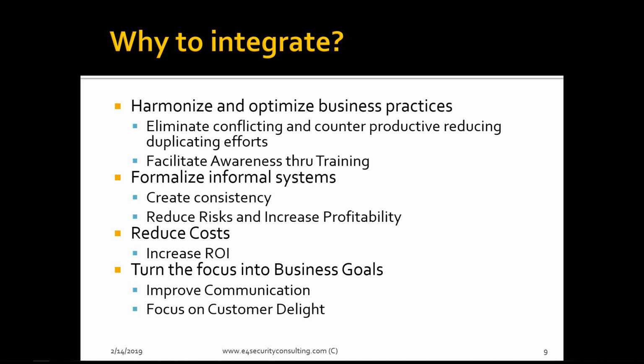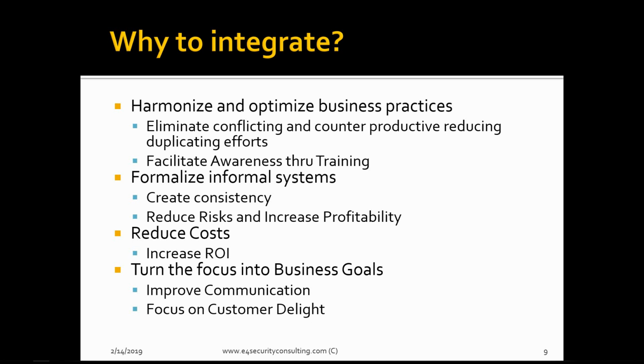When you do all this exercise, when you combine your efforts, what you are basically doing is harmonizing and optimizing the business practices. You are eliminating the conflicts between two departments.